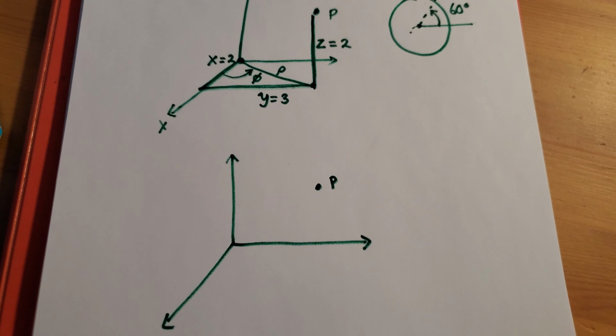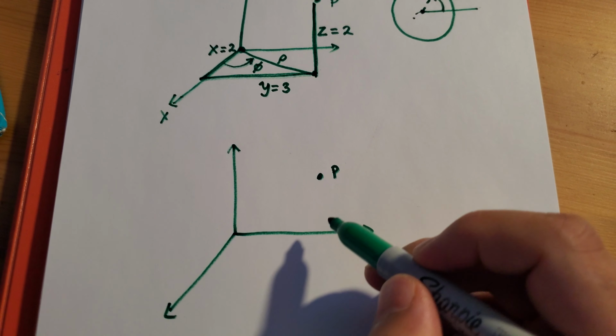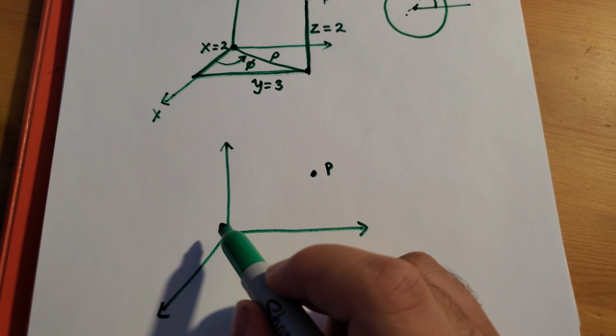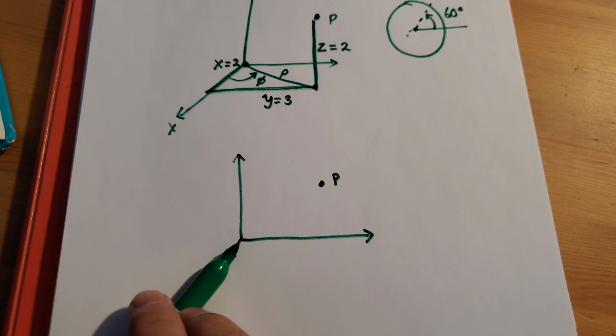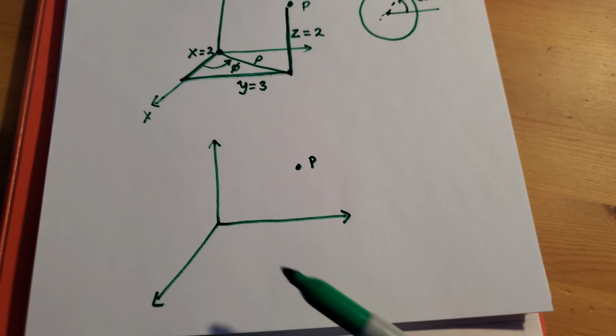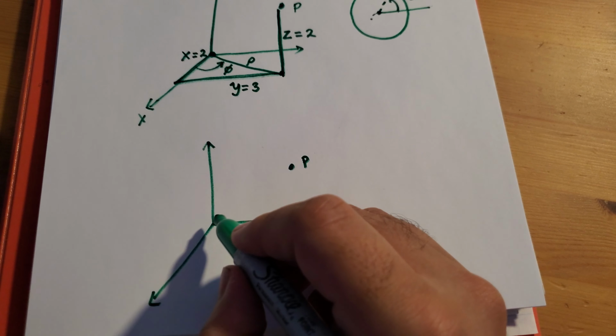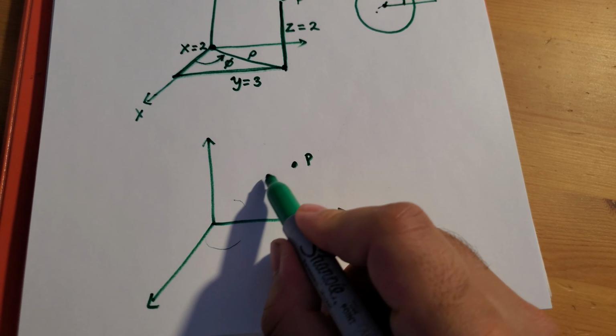So first thing we can do, again, is we start from the x-axis, and we know that we have to rotate a certain amount to be able to face this point.